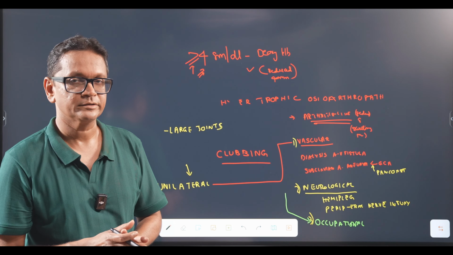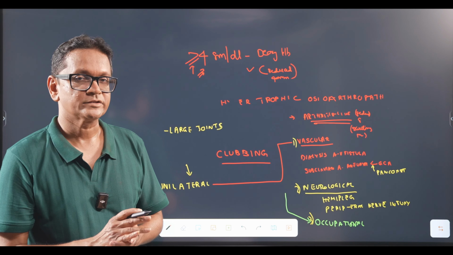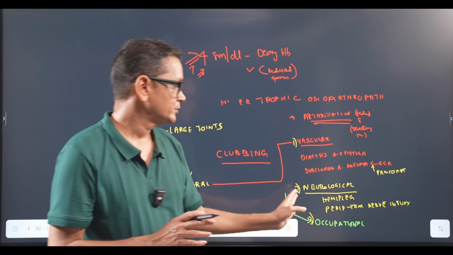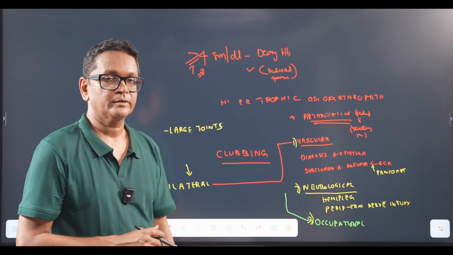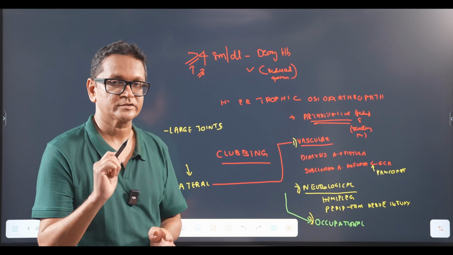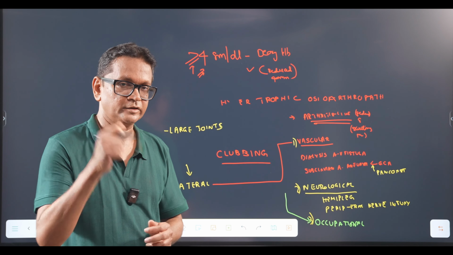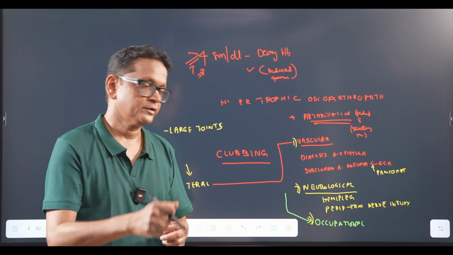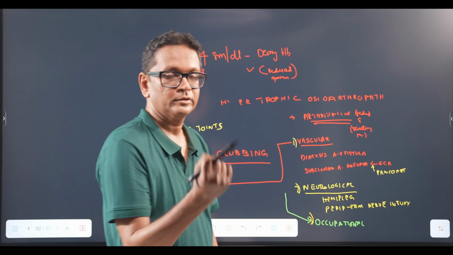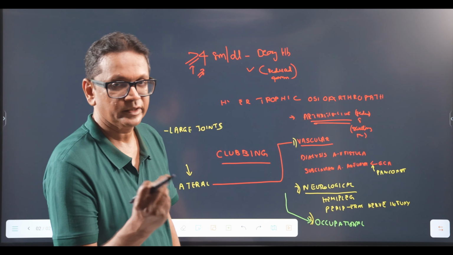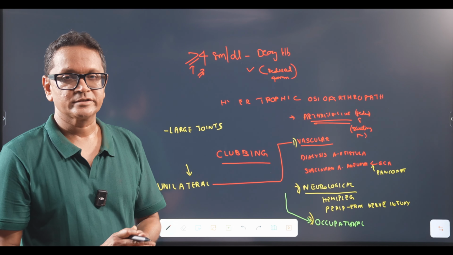In such settings, perturbations, means disturbance in blood flow, can lead to unilateral clubbing. Last one is occupational, classically in the jackhammer profession. So always they are working with one hand, holding another one. So when that arm is overutilized, that hand can develop clubbing, means swelling of the soft tissue around nail beds.